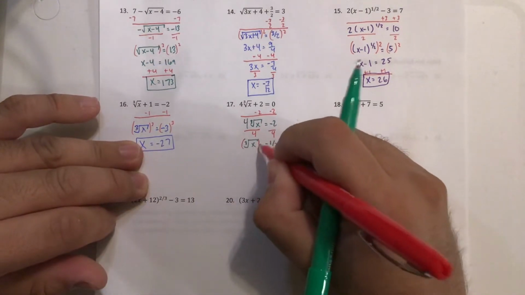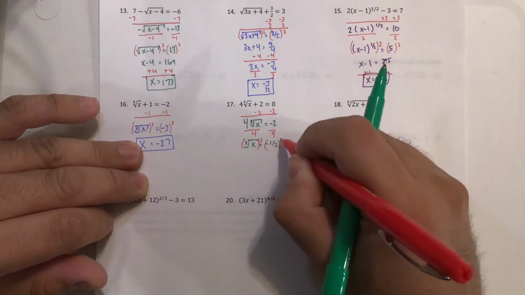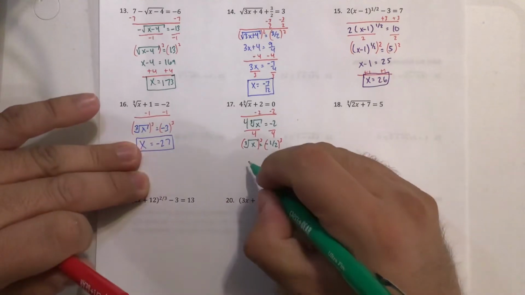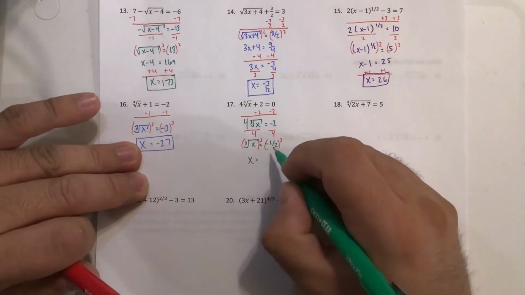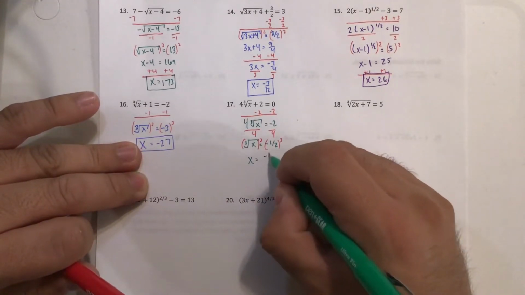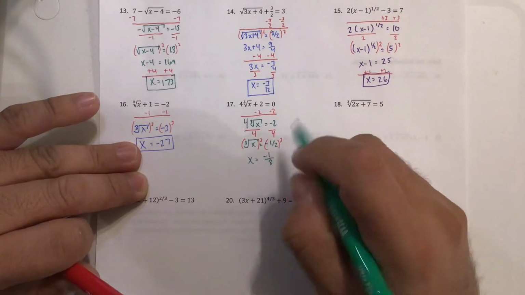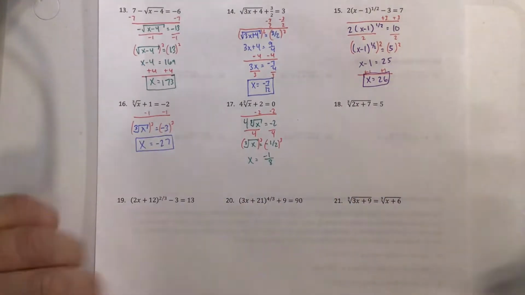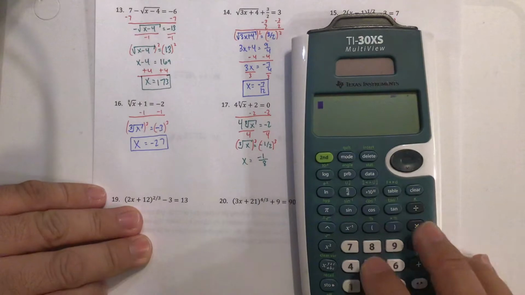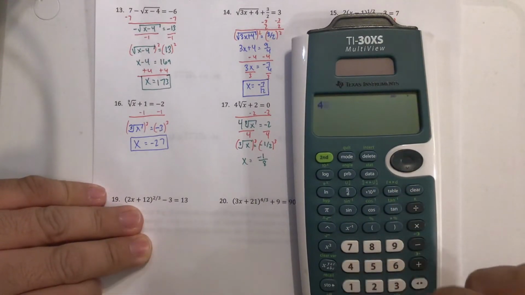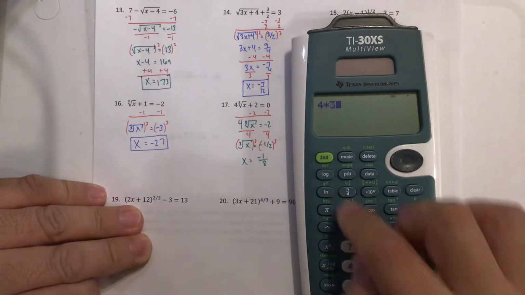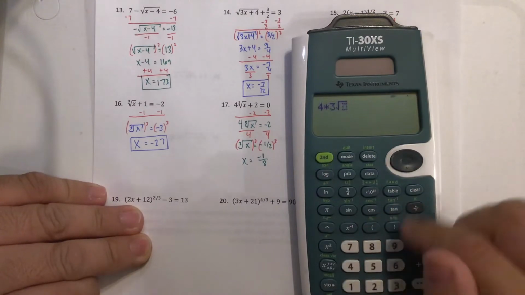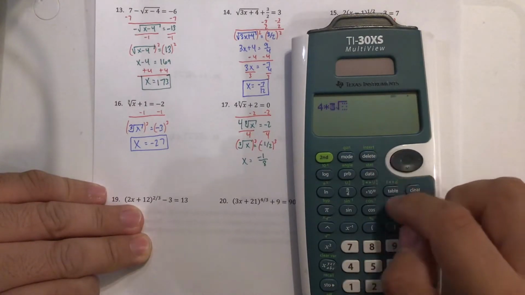And last, to get rid of this cube root, we're going to raise both sides to the third power. We're going to cube it. And x equals, we're going to cube each one individually. -1 cubed is -1. 2 cubed is 8. Let's go ahead and verify this answer. So 4 times the cube root. Let's see.